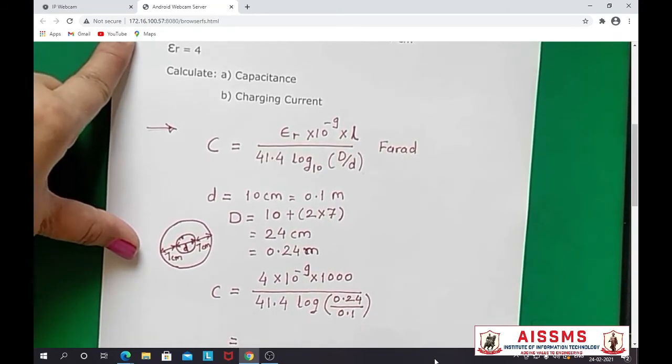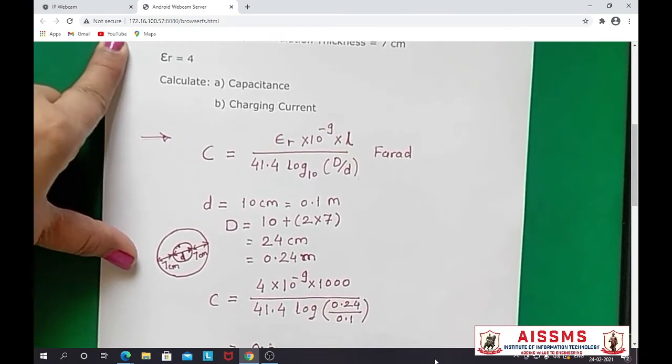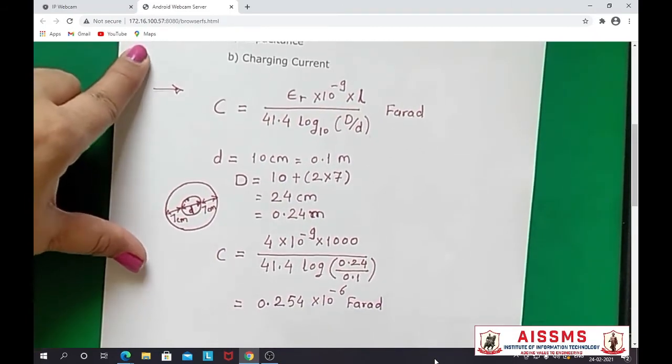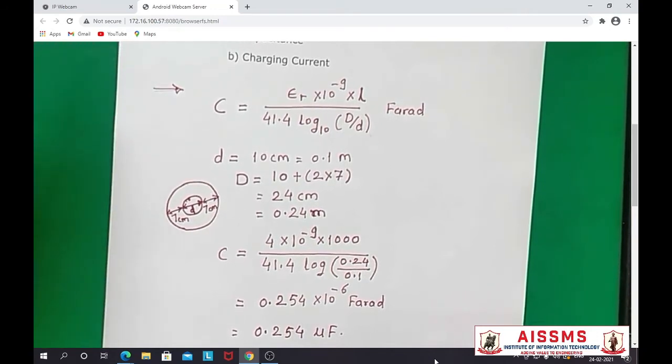So if we calculate this, the capacitance of the cable is equal to 0.254 into 10 raised to minus 6 farad, or we can write it as 0.254 microfarad. Next, we have to find out charging current.